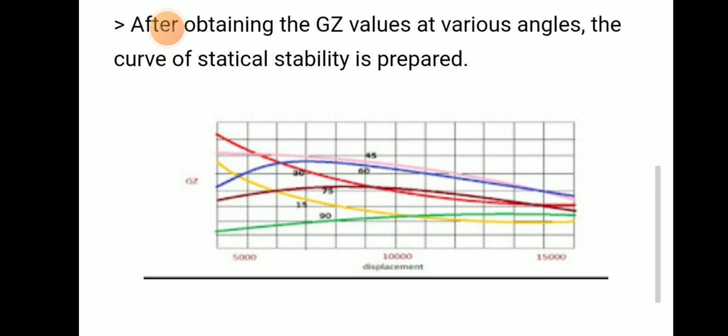The correction is positive if the actual KG is less than the assumed KG, and negative if the actual KG is more. Then, after obtaining GZ values at various angles, the curve of static stability is prepared.